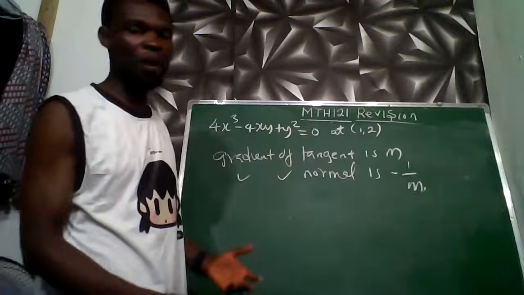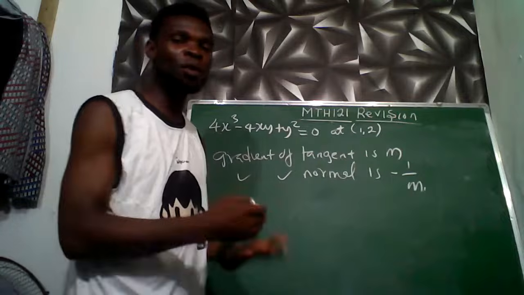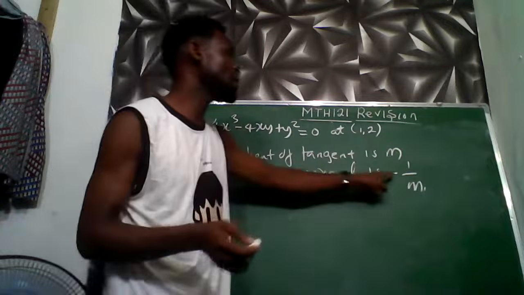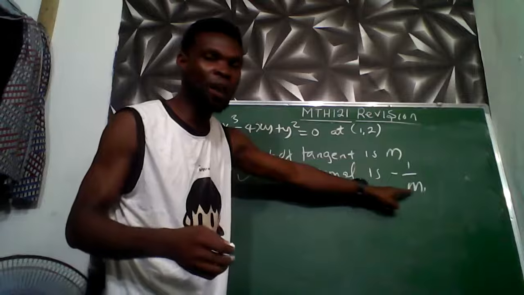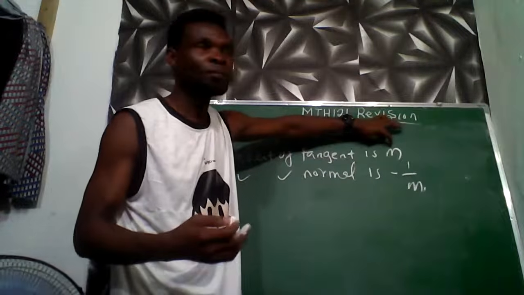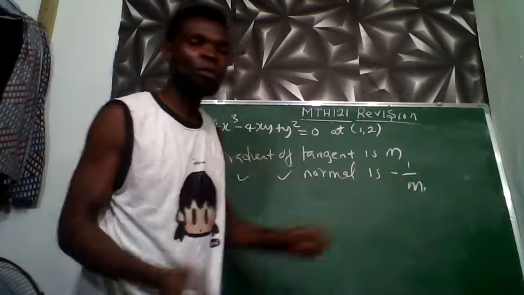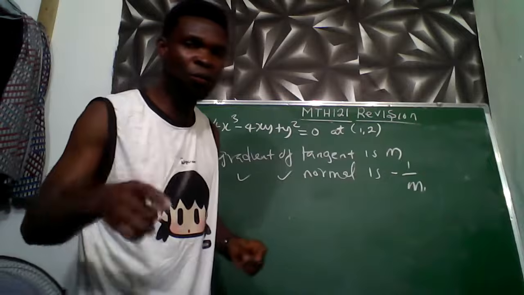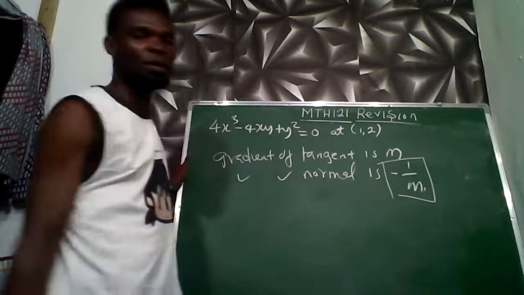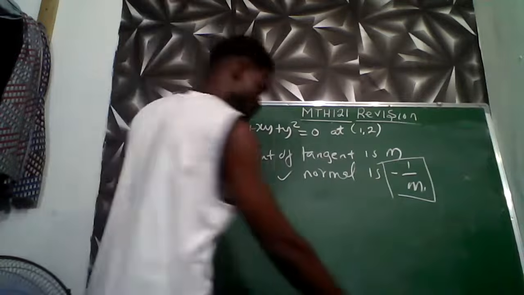So this is very important. That means that if I'm looking for the gradient of normal, it is the negative of 1 over the gradient of tangent. So take notes. This is the formula we will need to get the gradient of normal. It's very, very important.